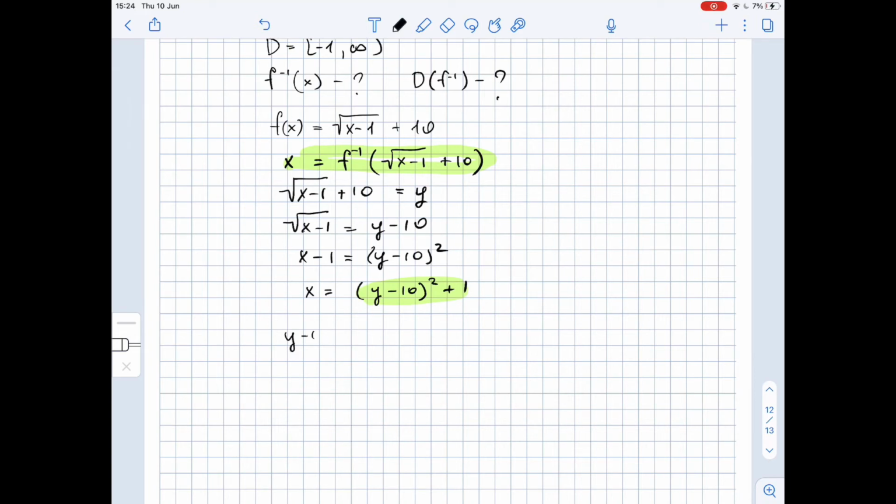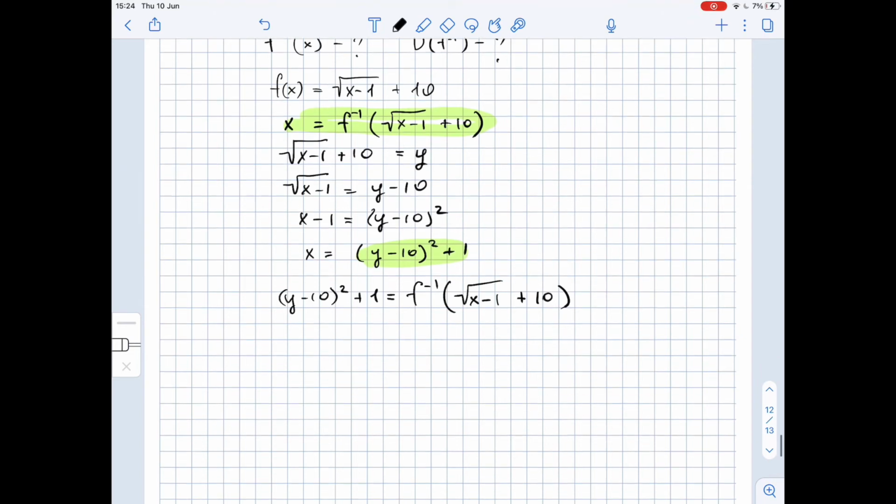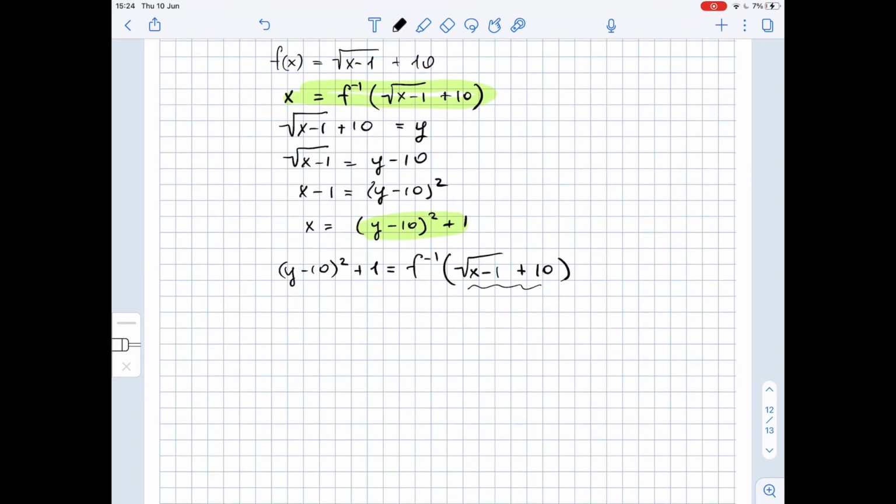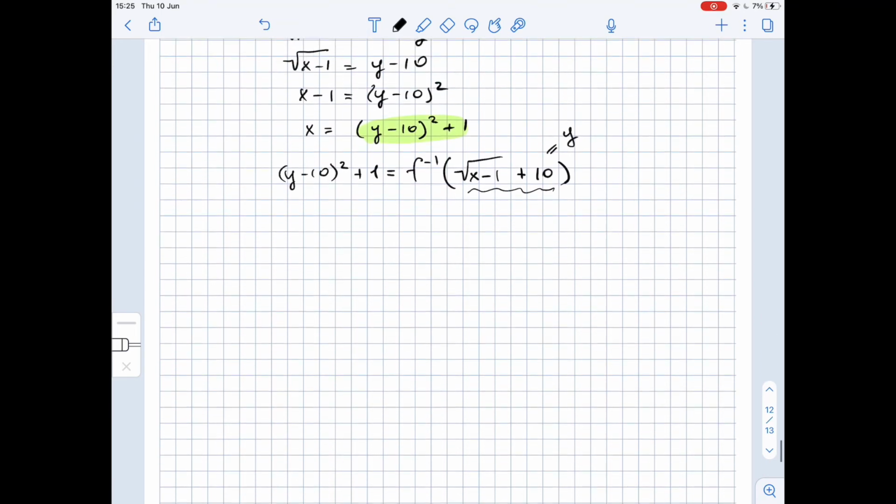So we will get y minus 10 squared plus 1 equals f inverse of square root of x minus 1 plus 10. Again, square root of x minus 1 plus 10 is y, so this equals y. So we can rewrite it as y minus 10 squared plus 1 equals f inverse of y.